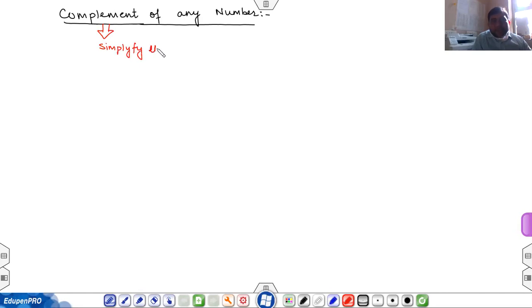simplifies the mathematical operation. And if a mathematical operation gets simplified, it's easy to make the circuits.